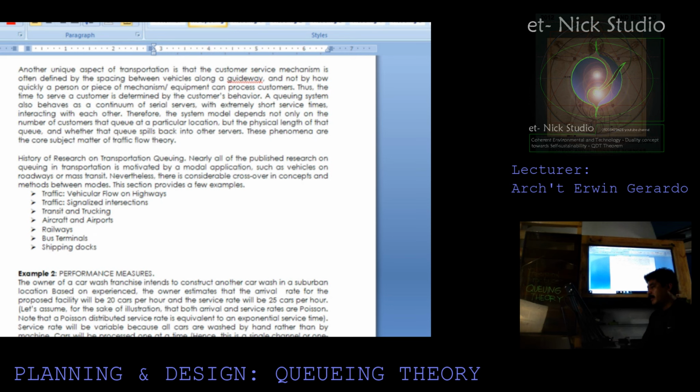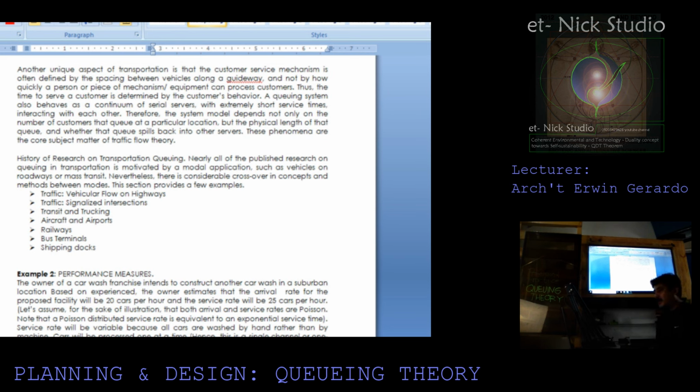Therefore, the system model depends not only on the number of customers that queue at a particular location, but the physical length of that queue and whether that queue spills back into other servers. This phenomenon is the core subject matter of traffic flow theory.